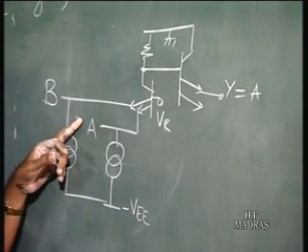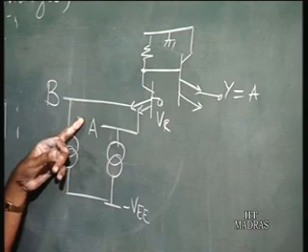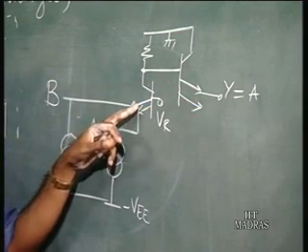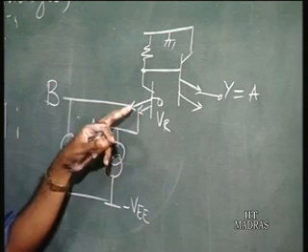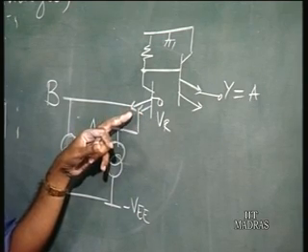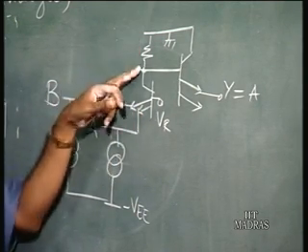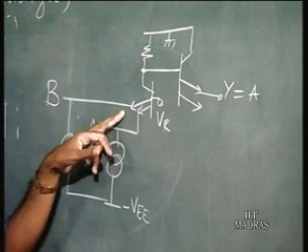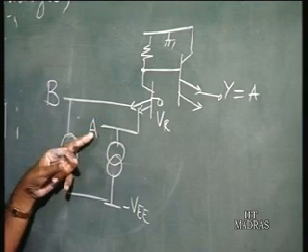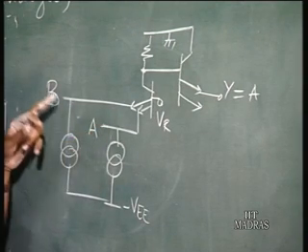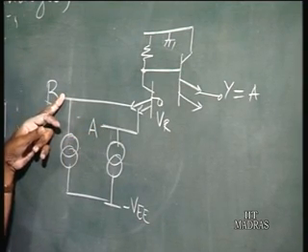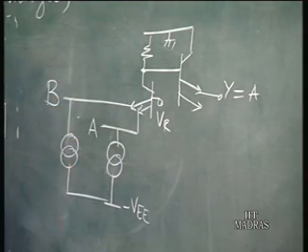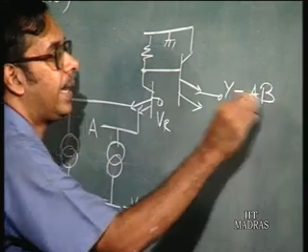Y is high, the output is high, when none of these emitters are conducting, isn't it? There is no current flowing through this resistance if none of the emitters are conducting. So A must be high and B must be also high, then only none of the emitters are conducting and current flowing is 0.